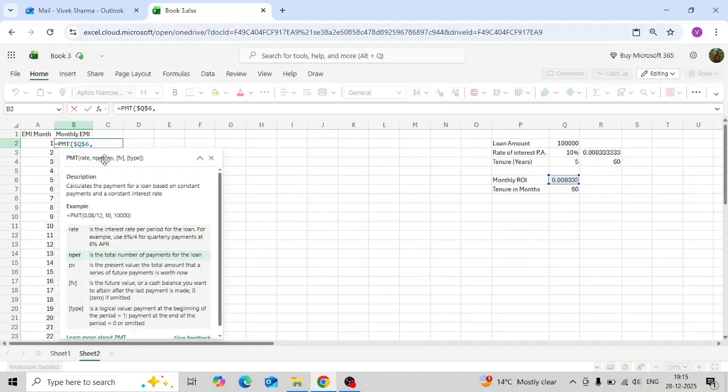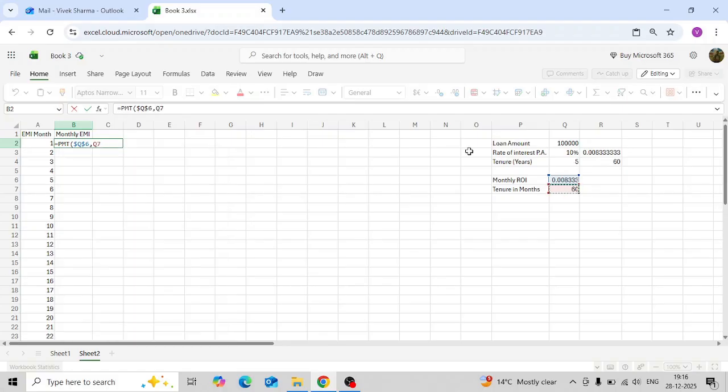Next component is number of periods. For how many periods do we want the monthly EMIs? Obviously we want 5 years, but since we are making a monthly payment, it would be 60 months. This number should also be frozen. Press F4.